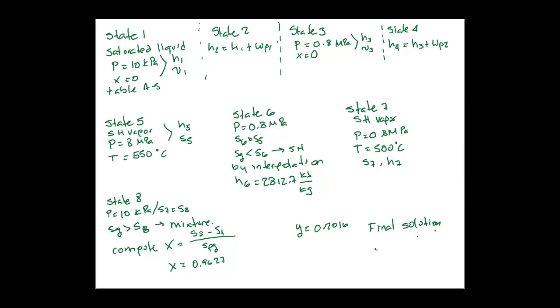Final solution says that the efficiency is 44.30 percent, and the mass flow rate is 54.55 kilograms per second. Okay.